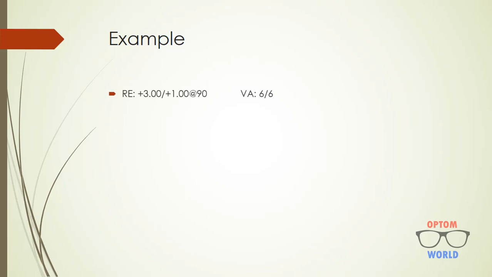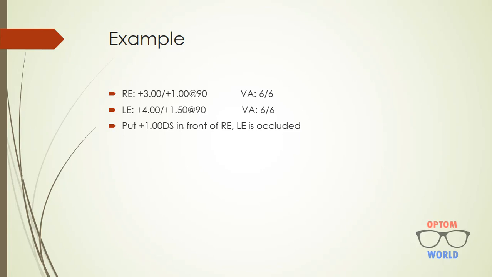Example number 1: we have a patient in whom the right eye has +3 with +1 cylinder at 90 and the visual acuity achieved is 6/6, and the left eye with +4 sphere and +1.50 cylinder at 90 has visual acuity again of 6/6.